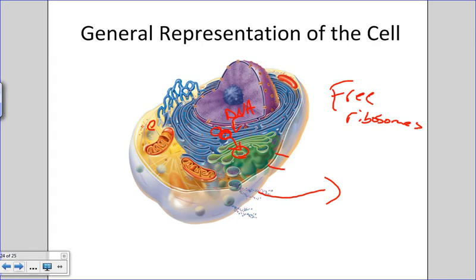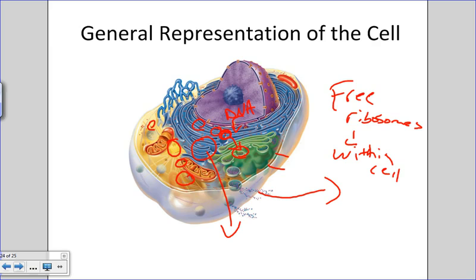But typically when we synthesize proteins on free ribosomes, these are proteins that are to be used within the cell, like replacing enzymes that drive certain metabolic functions, or structural proteins like the cytoskeleton and so on. So that's the difference between the ribosomes that are bound to the rough ER and the free ribosomes of the cell. Proteins synthesized in free ribosomes are used within the cell. Proteins synthesized in the rough ER are exported from the cell.